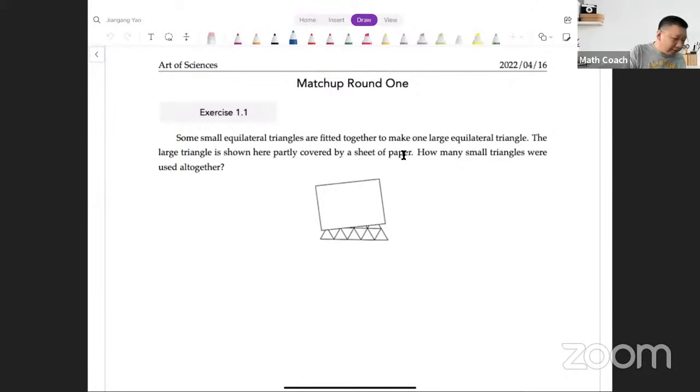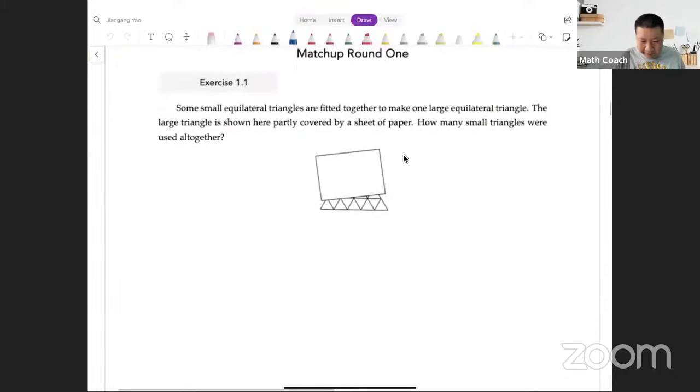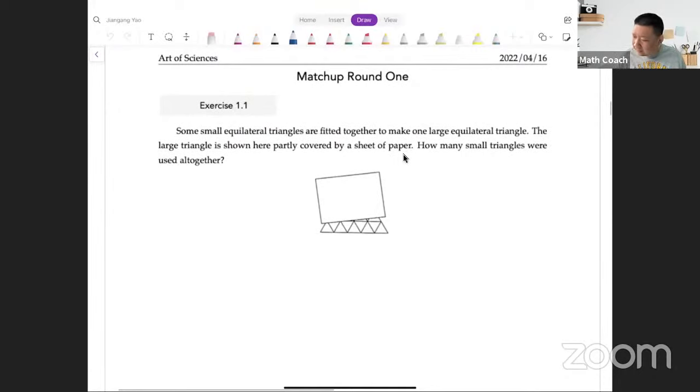So this is actually a simple addition: 1 plus 2 plus 3 plus 4 and so on. So 84, problem 1 finished, and now maybe I put the correct answer in so people could see the correct answer.